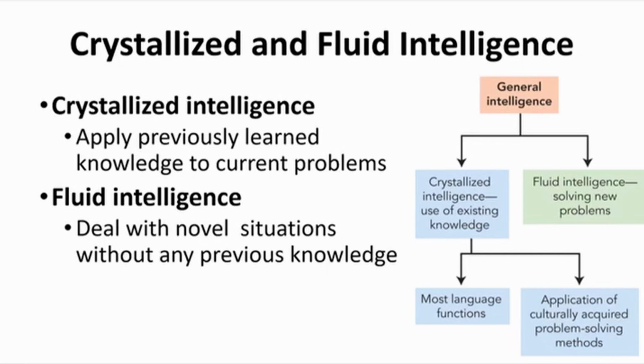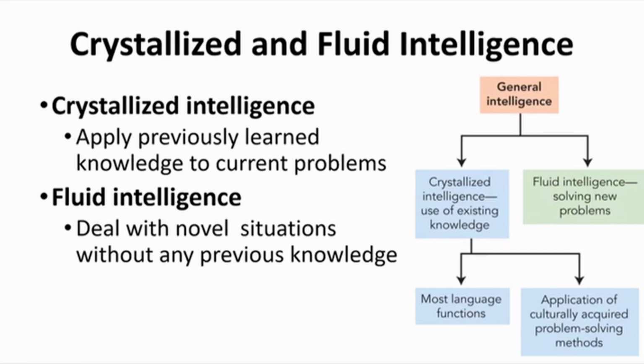So if you have expertise, you have this pre-existing knowledge that helps you solve new problems and handle tasks that are related to things that you've seen in the past. So crystallized intelligence is going to be dependent on things that you've learned previously and your practice with applying those factors.